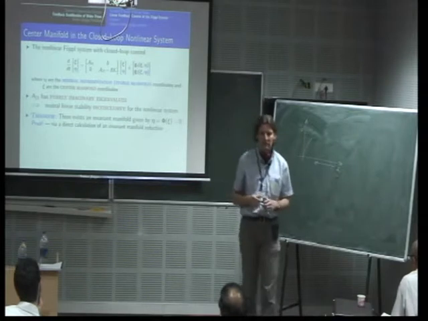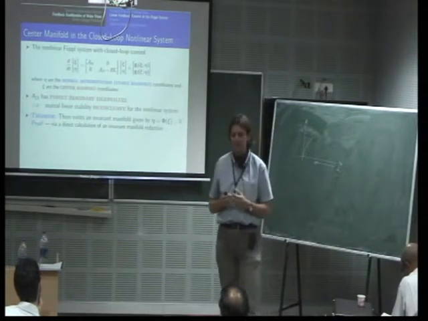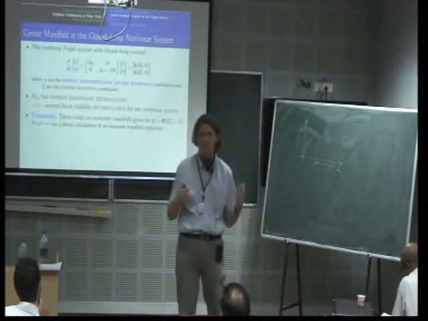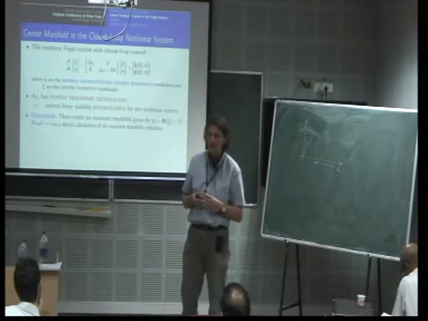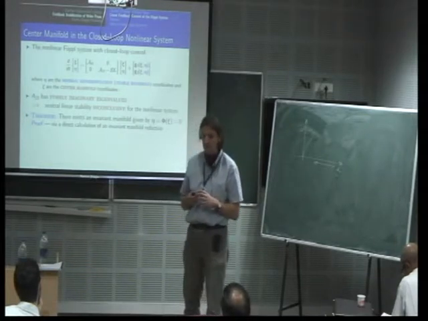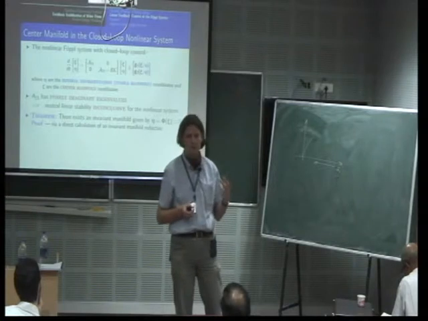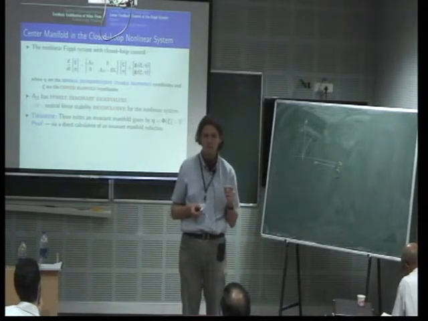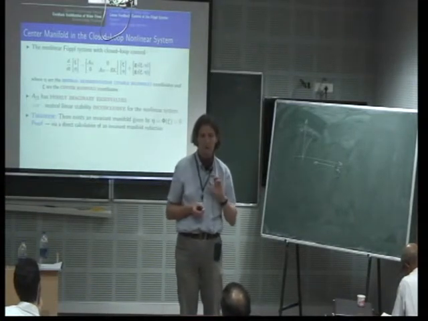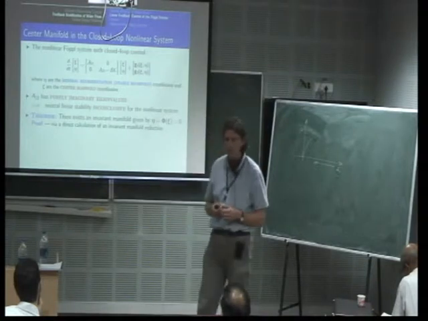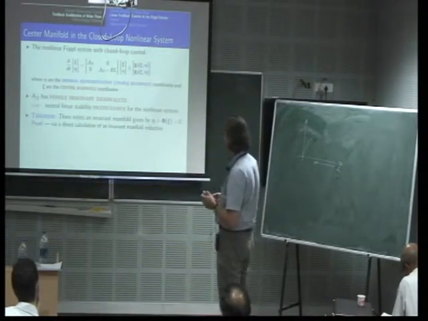That's why it is called an invariant manifold. The precise definition is as follows. This is a subset of the state space such that if our initial condition is in that set, the subsequent evolution will be confined to that manifold.